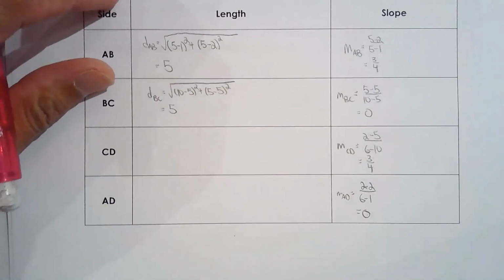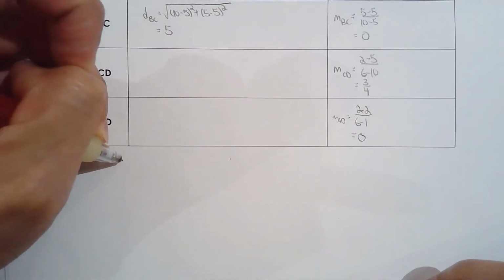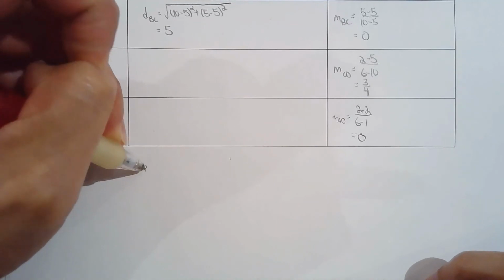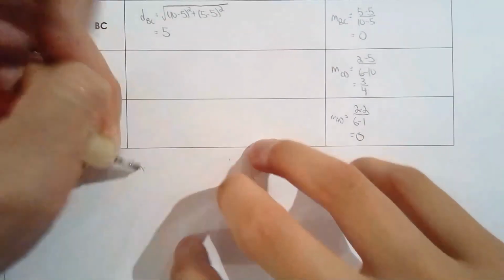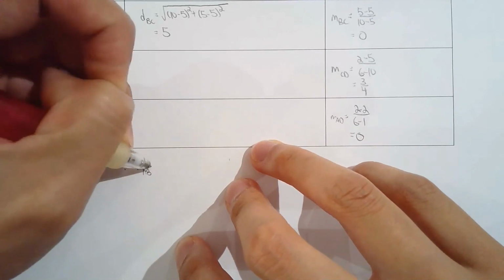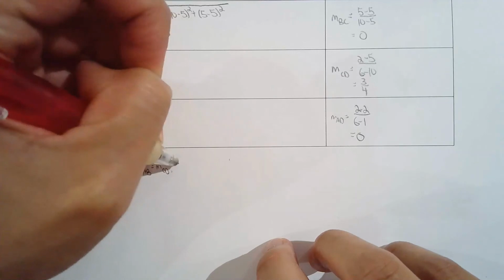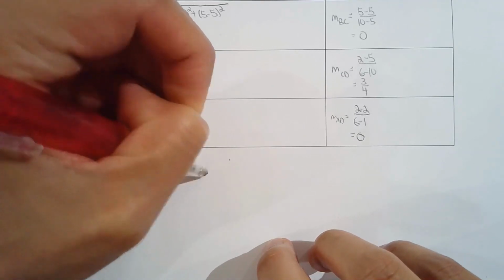Okay, so let's summarize those ideas here. How do I know I have a rhombus? Okay, that's really important. You have to tell the reader. So you tell the reader that the slope of AB is equal to the slope of CD. The slope of BC is equal to the slope of AD.